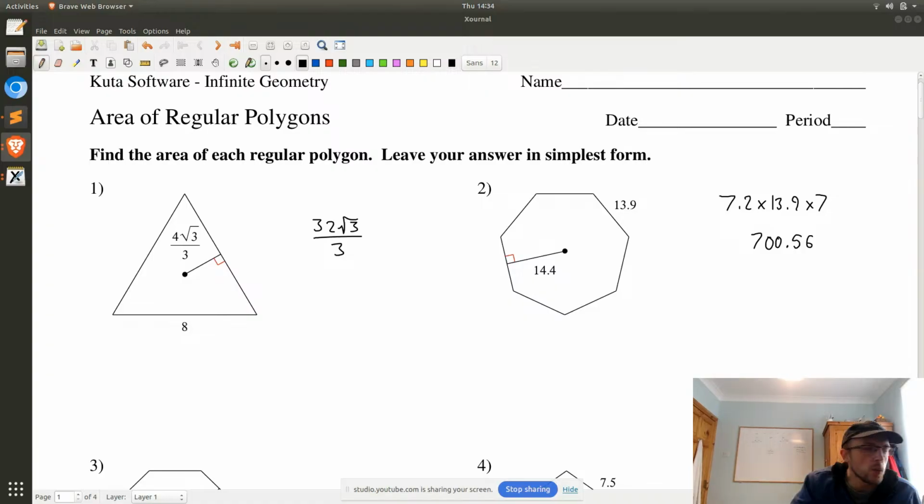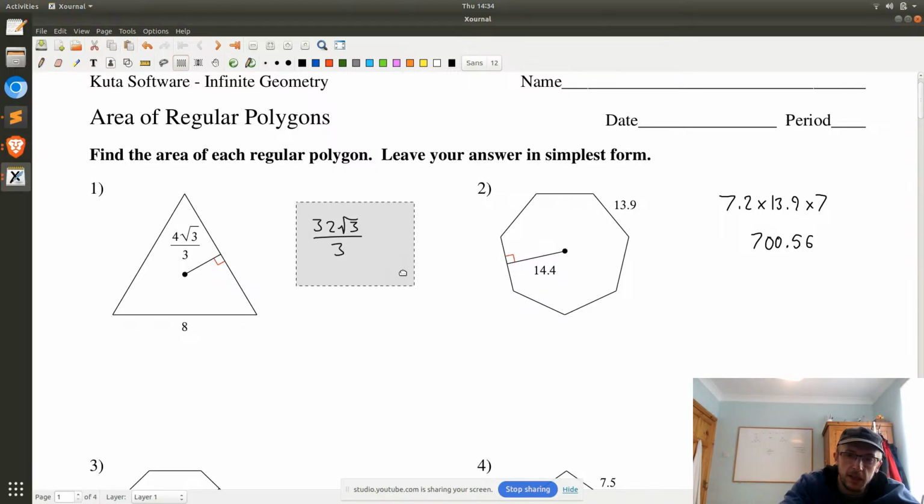The centroid of a triangle partitions it into 2/3 and 1/3. Okay, fine. So the whole thing is 4 root 3. Times that by the height, 32 root 3. Divide that by 2, 16 root 3. Better. Much better.